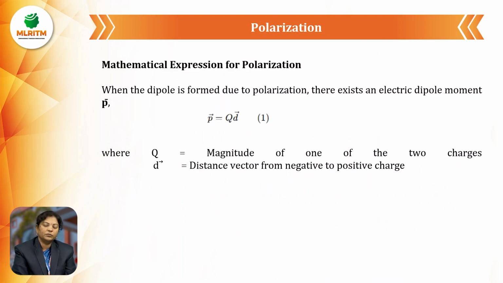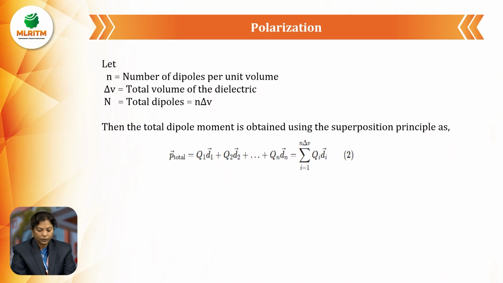For polarization, there is a mathematical expression. The dipole formed due to polarization has an electric dipole moment P, given by P equal to Q into D, where Q is the magnitude of the two charges and D is the distance from the negative to the positive charge. Let N be the number of dipoles per unit volume and delta V the volume of the dielectric.